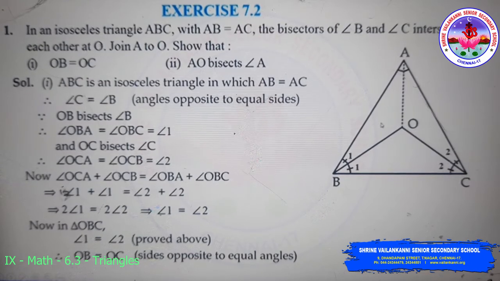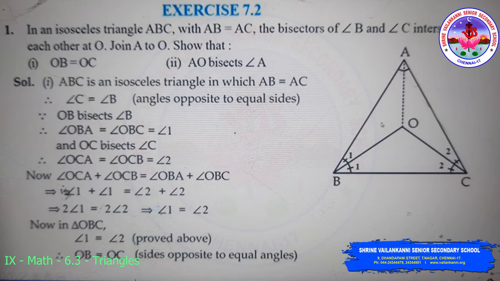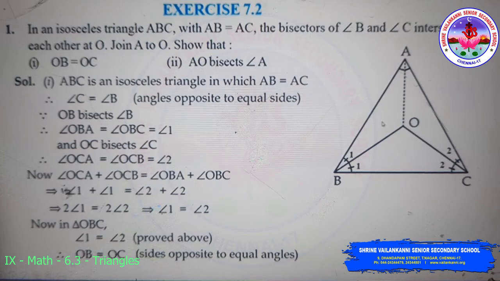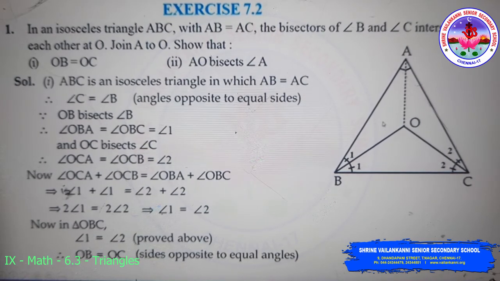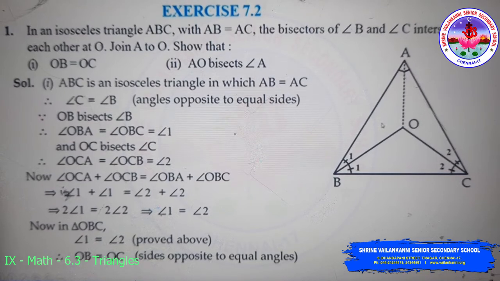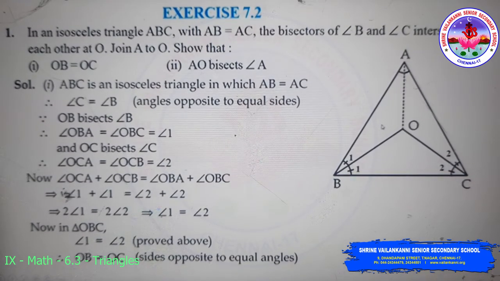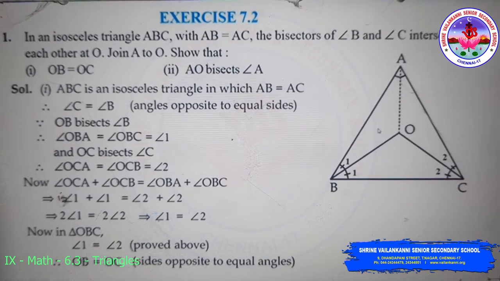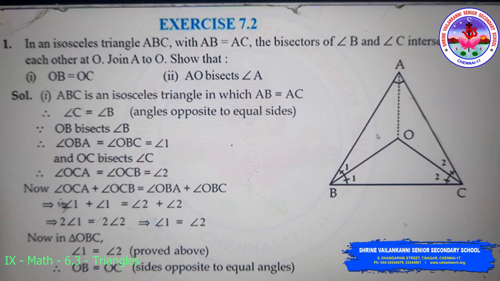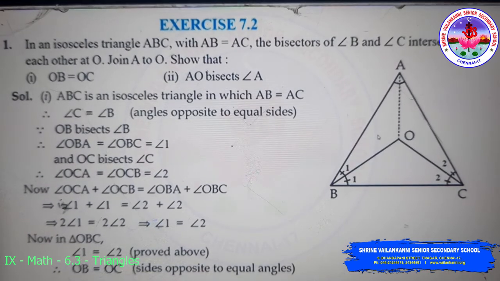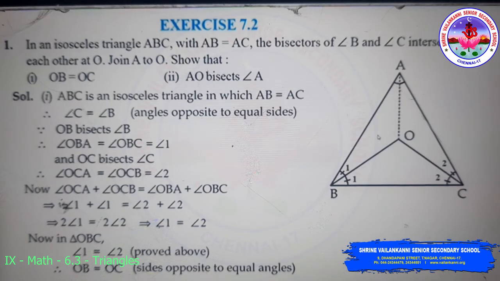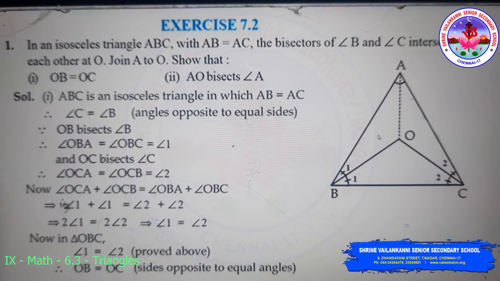Using this condition, I am going to derive OB is equal to OC. Angle C is equal to angle B, reason: angles opposite to equal sides. OB and OC bisect angle B and angle C into two equal angles. So angle B is angle OBA plus angle OBC. Similarly, angle C is angle OCB plus angle OCA.